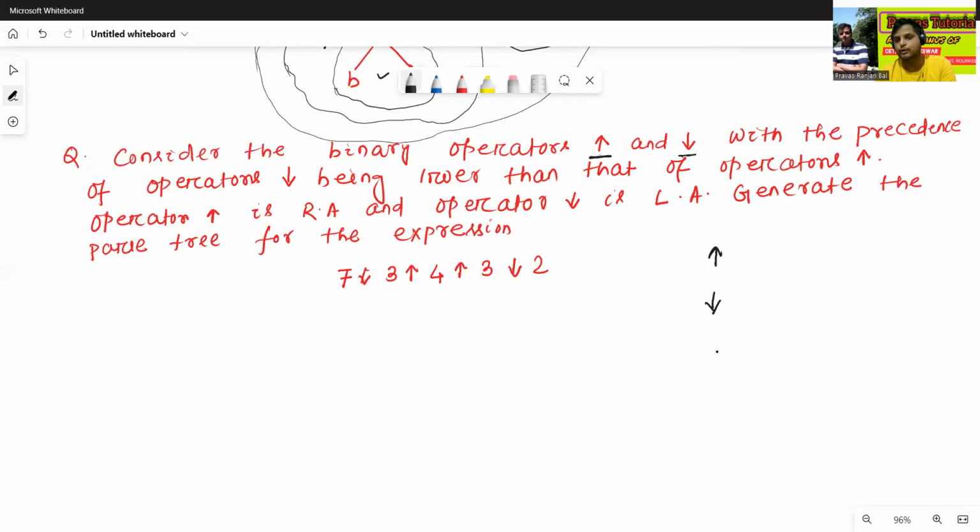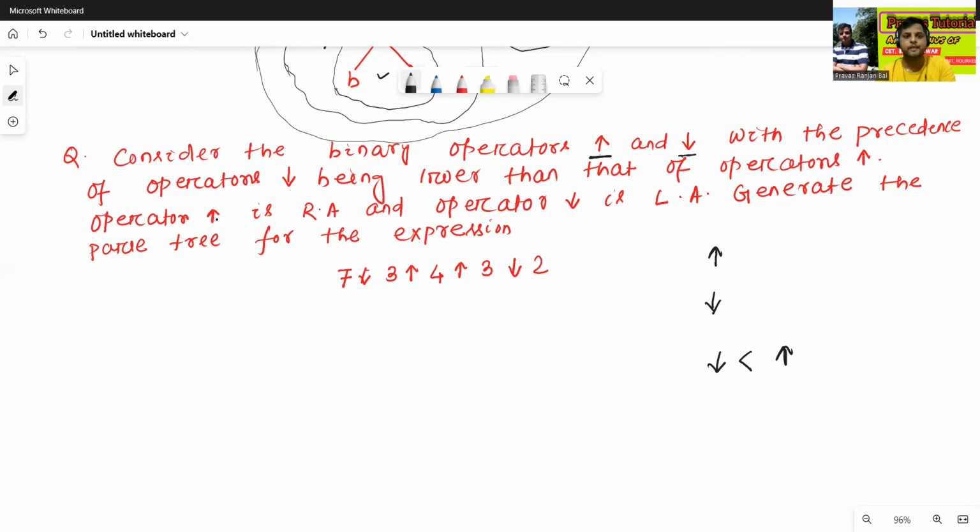That means the precedence of lower is always low as compared to upper arrow mark.